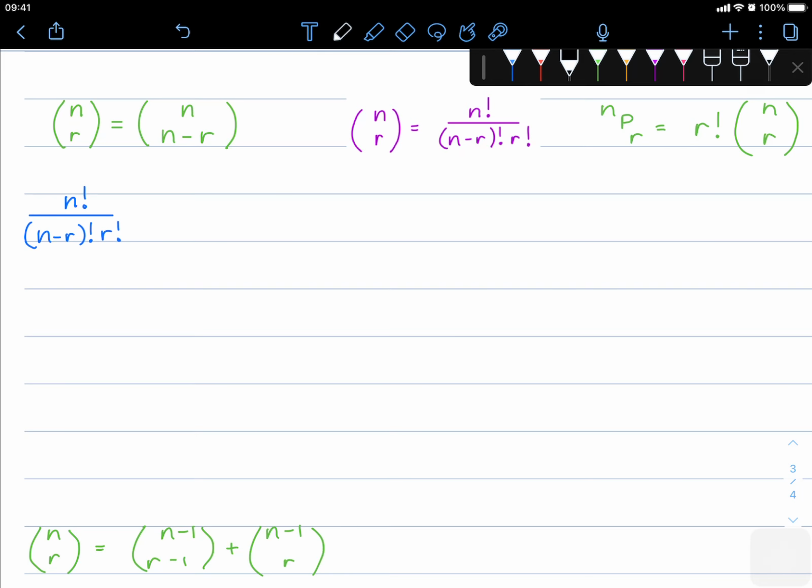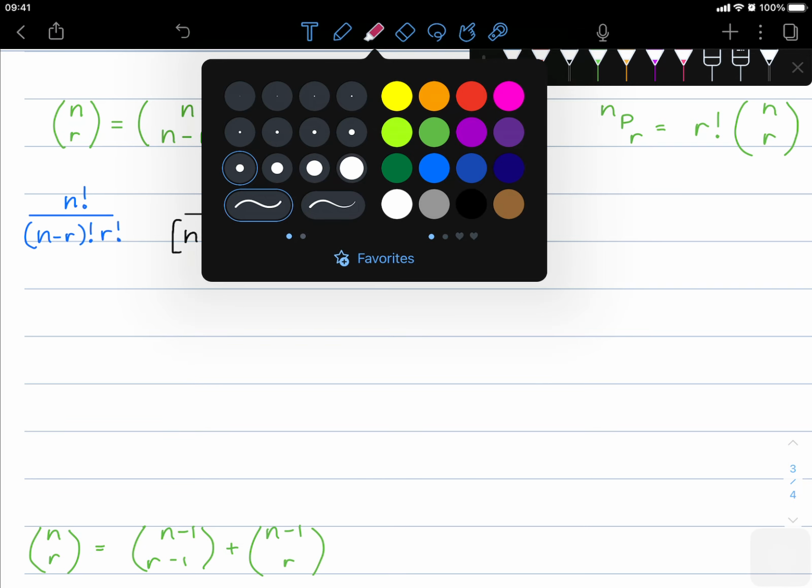Now let's take a look very carefully at how I'm going to write this out. Take a look, n factorial, still the same. But now take a look at how I'm going to write this one here. So these two. Notice how it's n, the top, minus the bottom. So watch how I'm going to write it. Use a bigger bracket. The top value, let's use some color coding here.